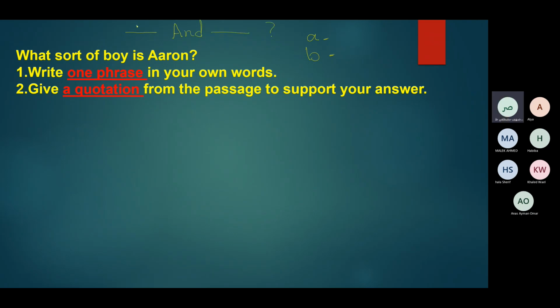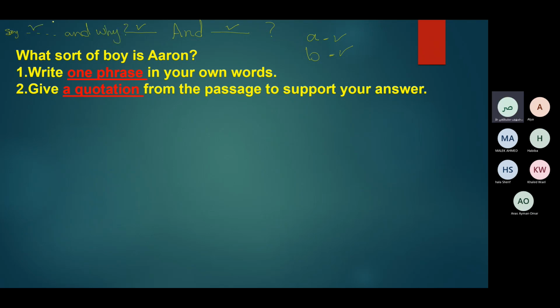So you must answer both parts of the question. Both parts of the question must be related to each other because they are not separate questions. Especially any question that asks you to say blah, blah, blah, and why.